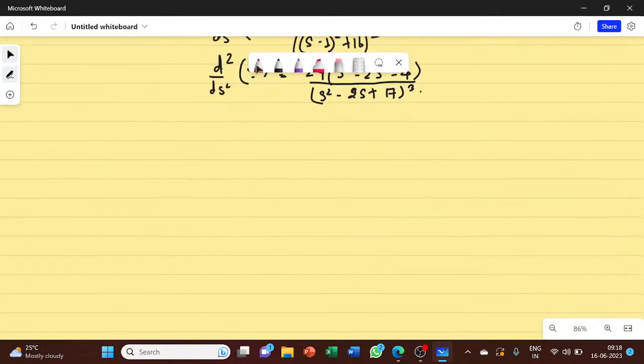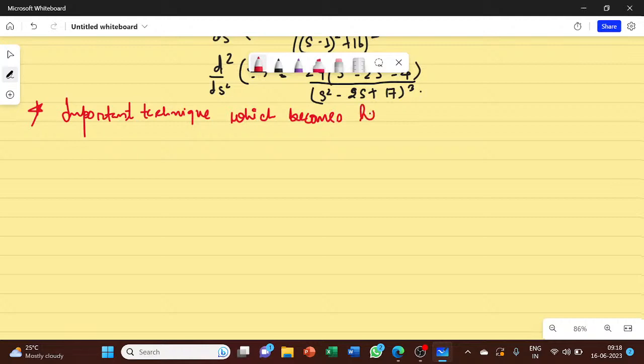One of the important techniques that you need to remember, which becomes handy while evaluating a Laplace transform of an integral, is the change of order of integration.